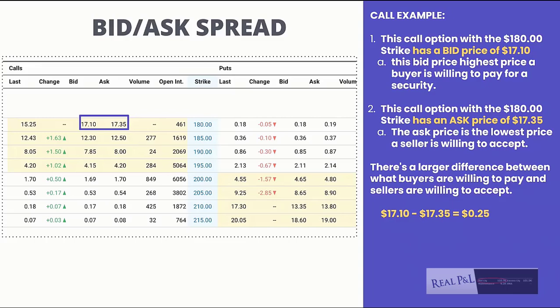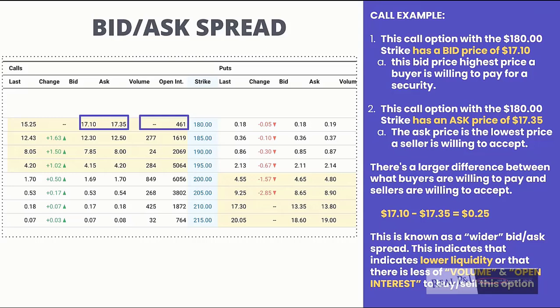There's a larger difference in this case between what the buyers are willing to pay and what the sellers are willing to accept. You can see 17.10 minus 17.35, a 25-cent differential in the bid-ask spread. This indicates lower liquidity, or that there's less volume and less open interest to buy and sell this particular option.